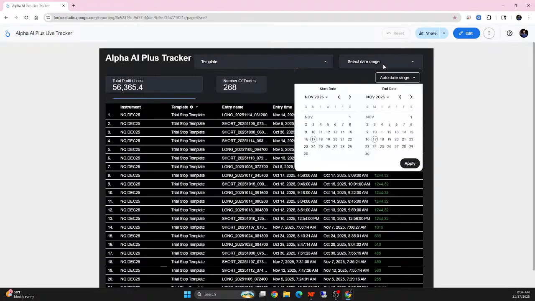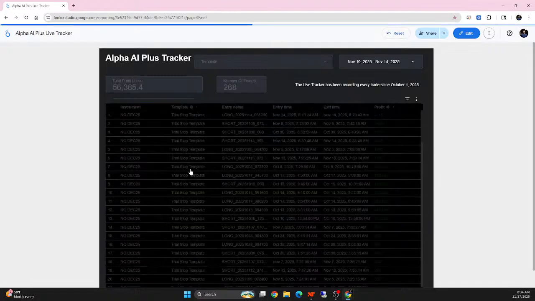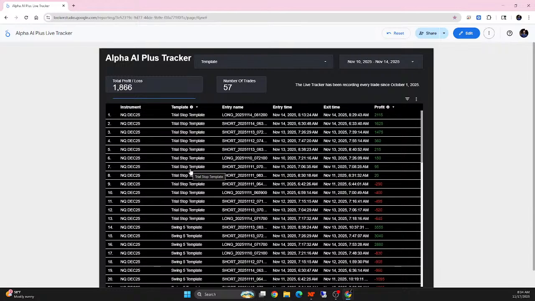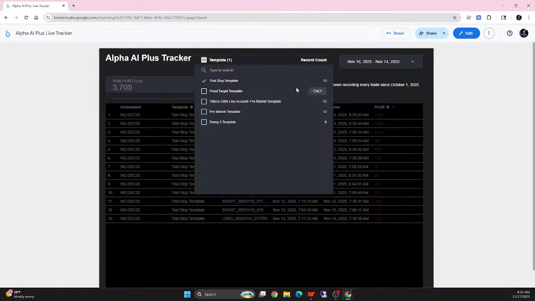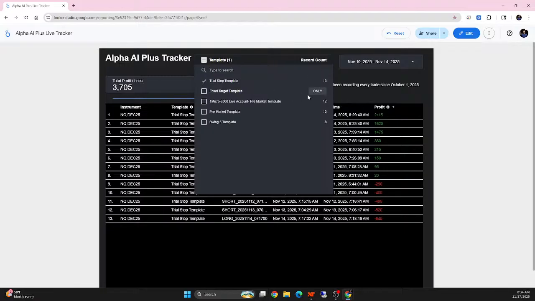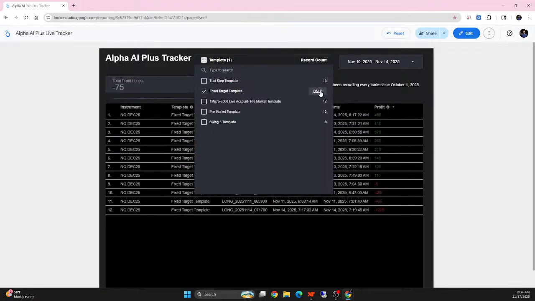And if we see last week, today is November 17, last week from the 10th until the 14th, $1,886 across all templates. So let's see, the trailing made $3,000. The fixed target lost $75.